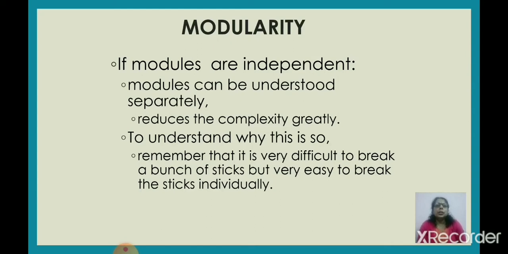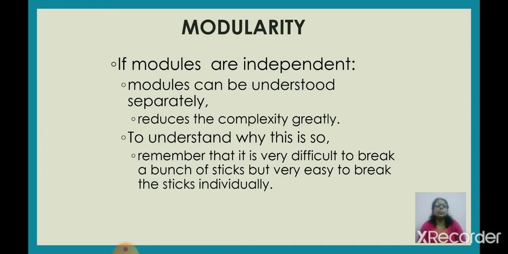To understand why this is so, remember that it is difficult to break a bunch of sticks but very easy to break the sticks individually. Similarly, a single module can be easily understood, but a bunch of modules is difficult to understand.